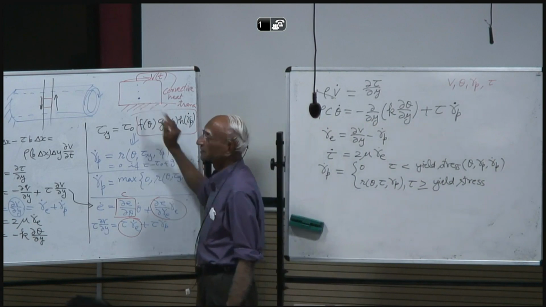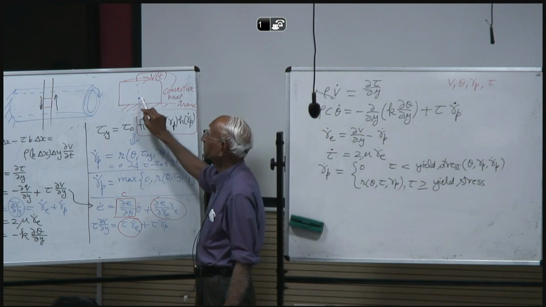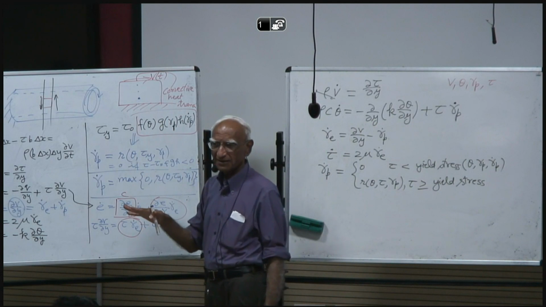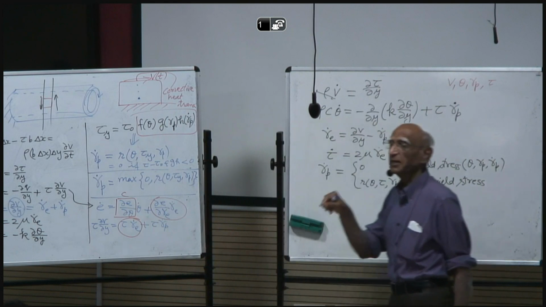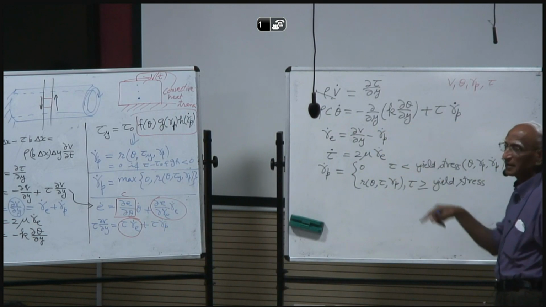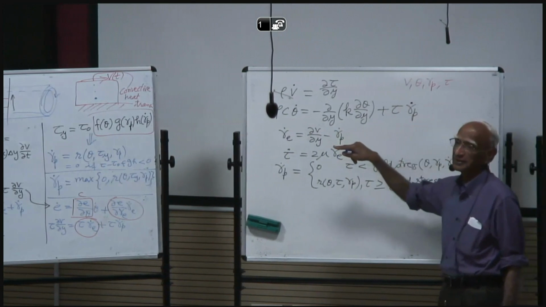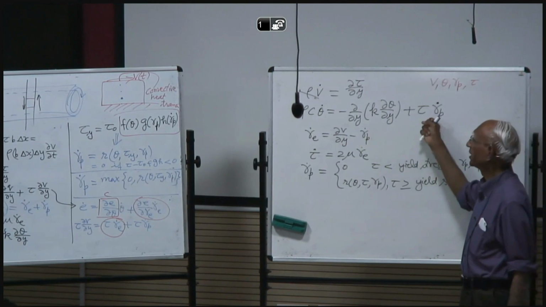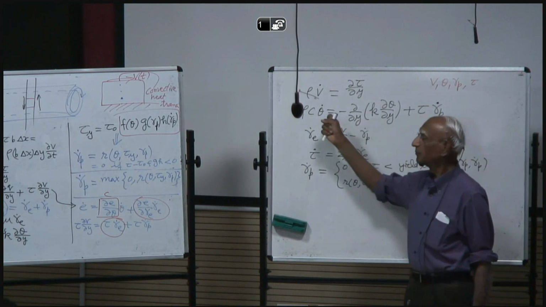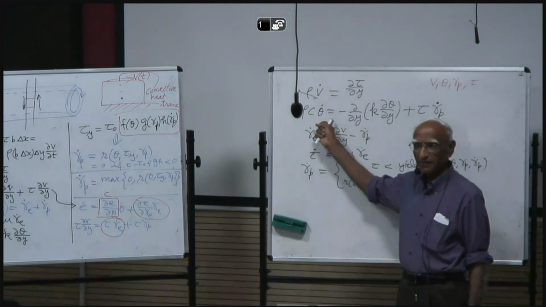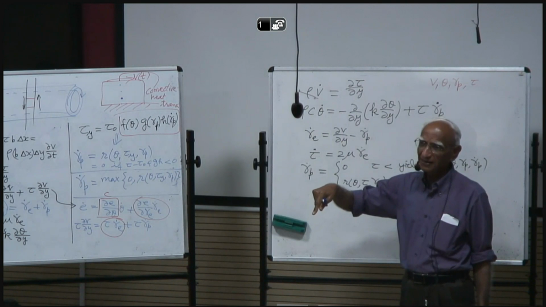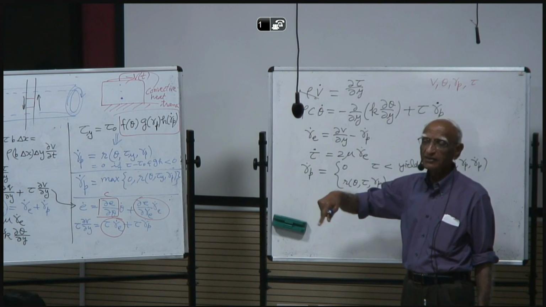So plastic strain here will start going up first. If the plastic strain rate starts going up first, there is going to be more heat produced at that point first. More heat produced, more temperature rise, becomes even softer, which means it deforms even faster.